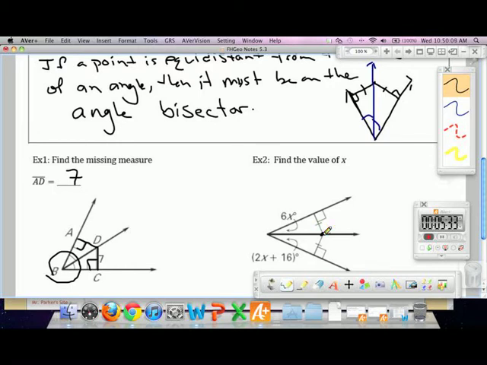Therefore, this is an angle bisector, so then what do we know about the two angles that are being made? That they're the same. So therefore, 6x is equal to 2x plus 16. Therefore, x must be 4.